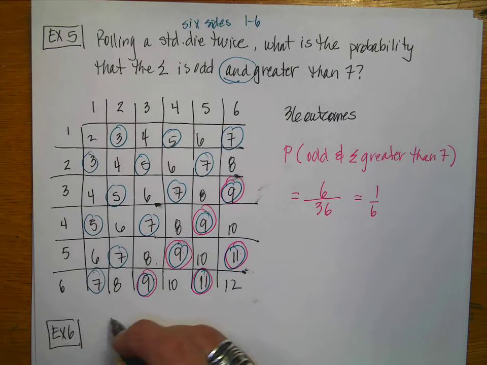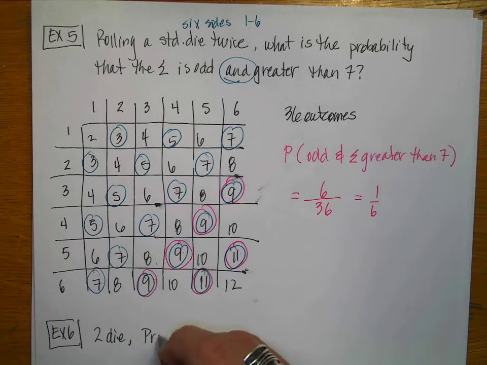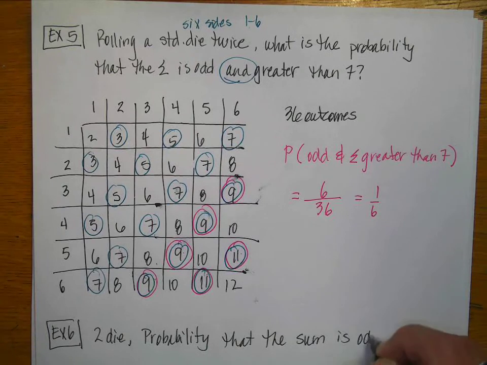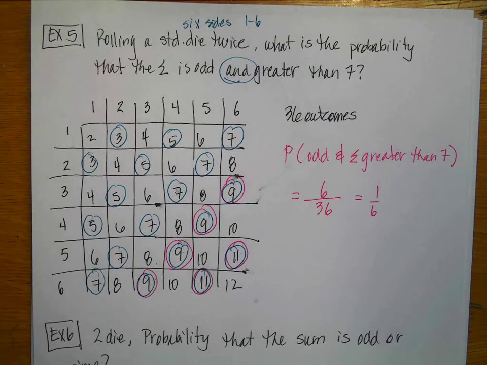So example number 6 says I'm going to have 2 die, and then I want the probability that the sum is odd or prime. Okay, so what is the probability that the sum is odd or prime?